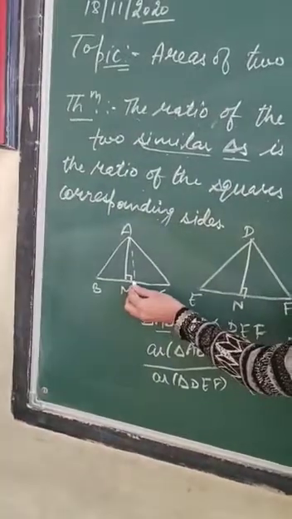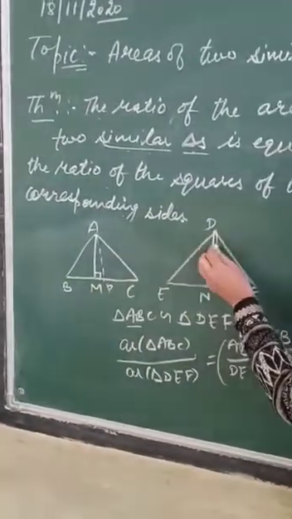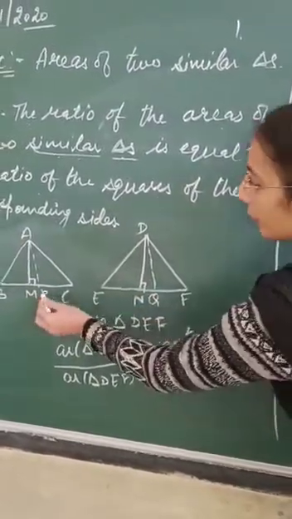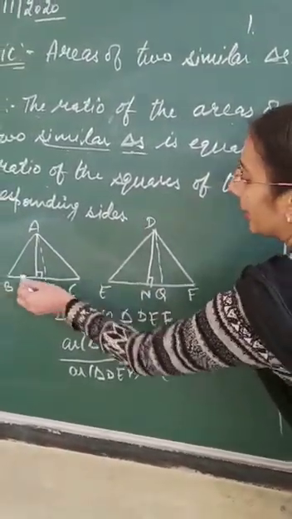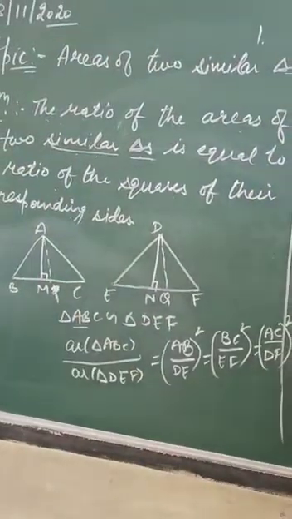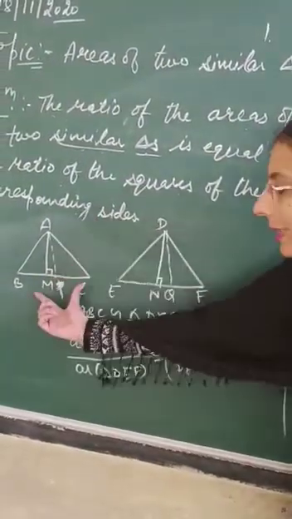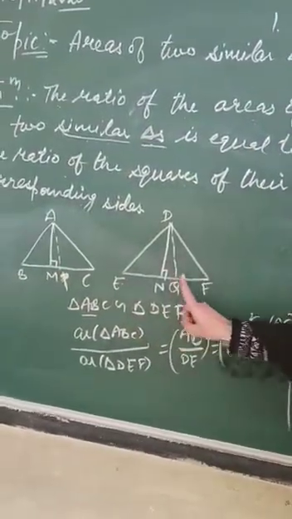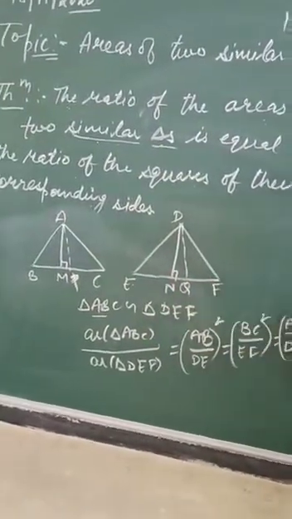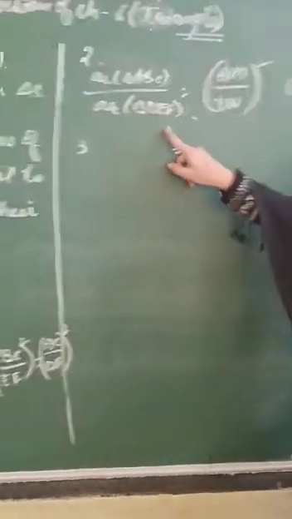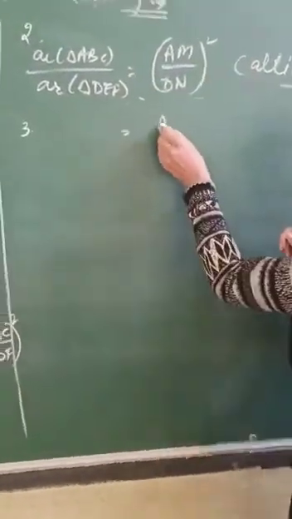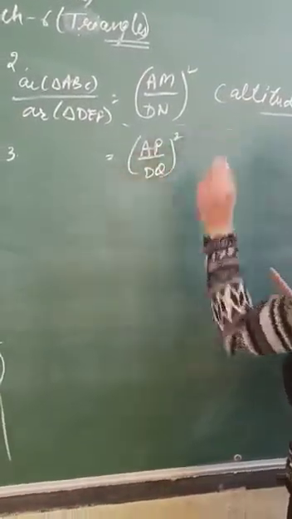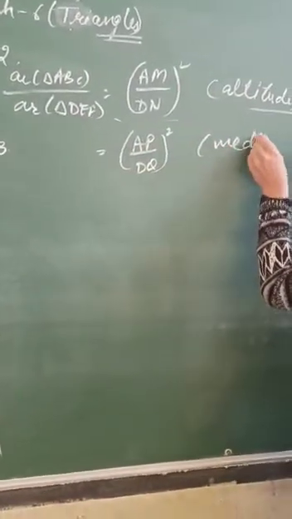Suppose I draw a median here with point P, and here point Q. The median is the line which bisects the opposite side, so BP is equal to PC and EQ is equal to QF. Then the ratio of the areas of the triangles is equal to AP upon DQ, squared. That is, median squared.